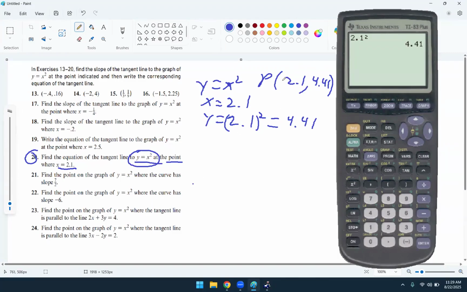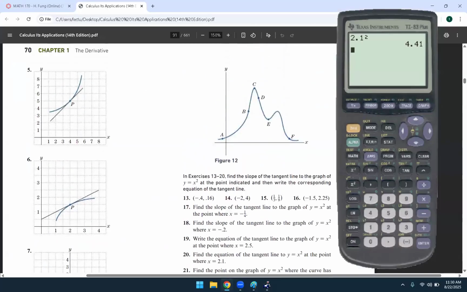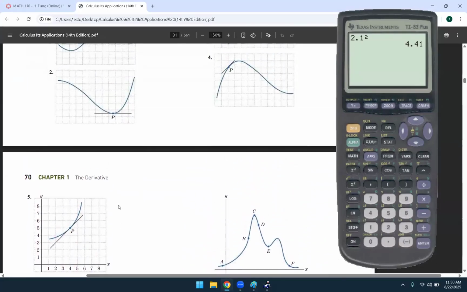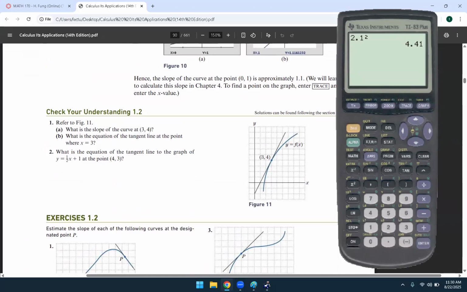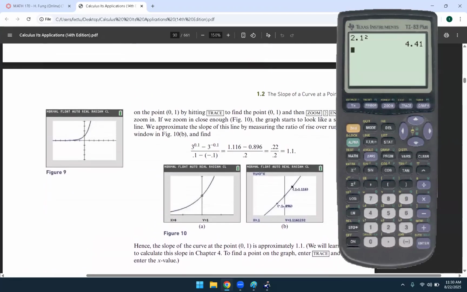So all we have to do now is figure out the slope of the tangent line. What is the slope of the tangent line? This is number 20 here. Well, we're going to find this slope using derivatives in the next section, but take a look at the formula they have for us here.